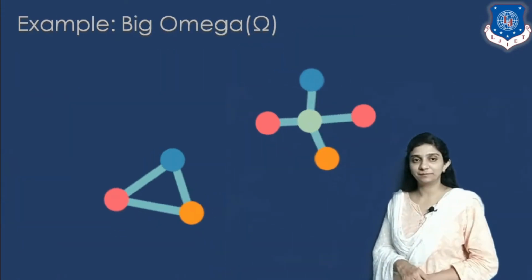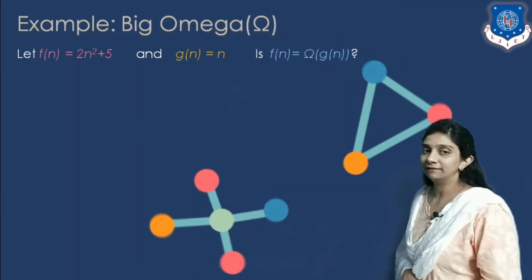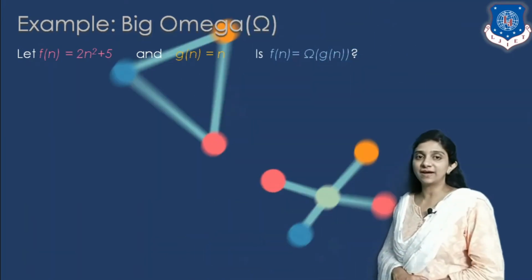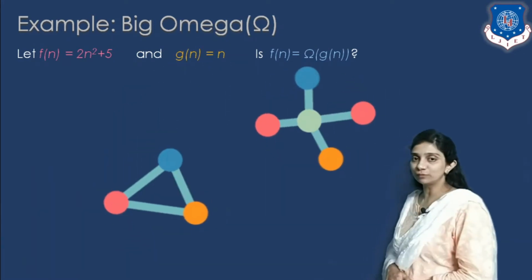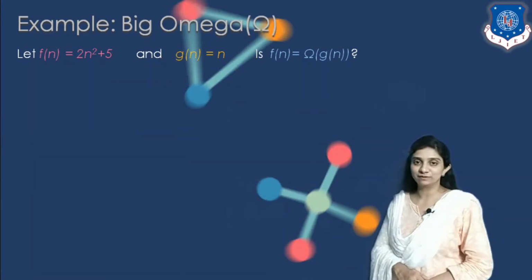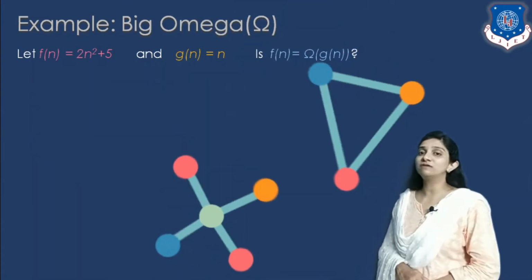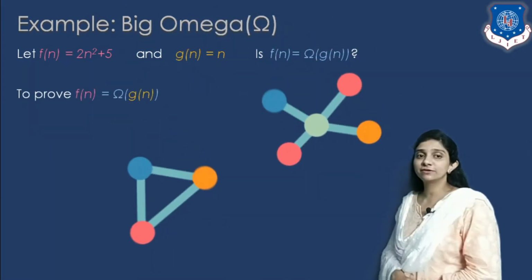For big omega, we will take one example to understand. Let f of n be 2n square plus 5, that is one function, and g of n equal to n, that is another function. Can I say f of n is in omega of g of n? Is it a correct representation?